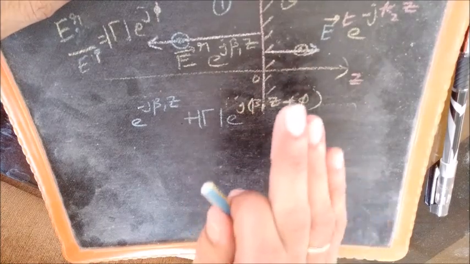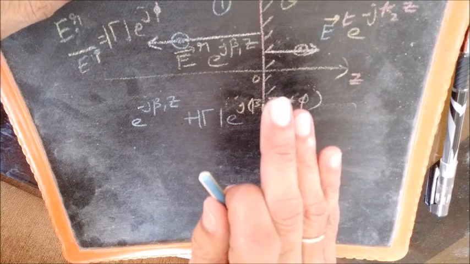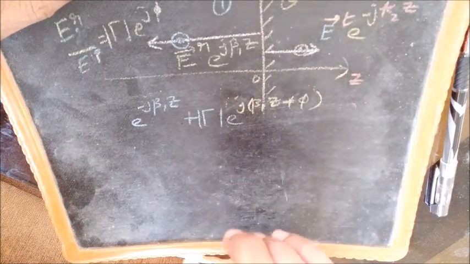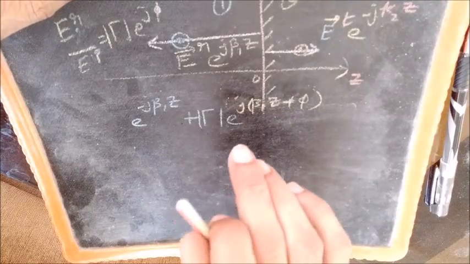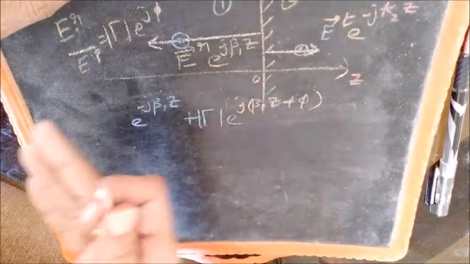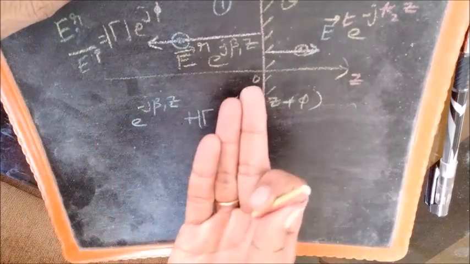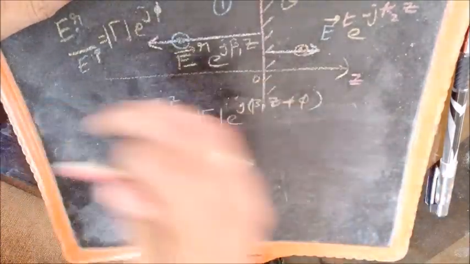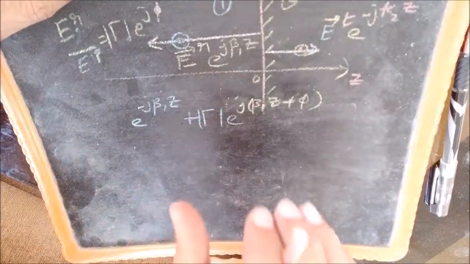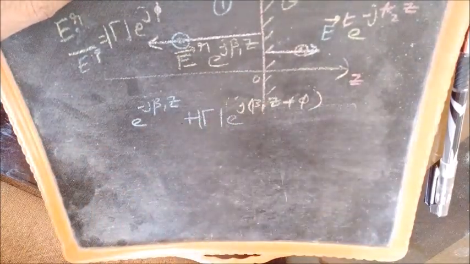In fact, I have added a simulation after this. You'll see that simulation appear shortly. So I have simulated this effect of the adding up of a wave propagating in this direction and a wave which is reflected and propagating in the opposite direction. The sum of these two, how it looks like, I have created a simulation and it will appear shortly.